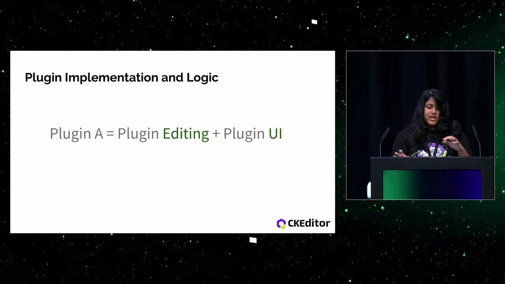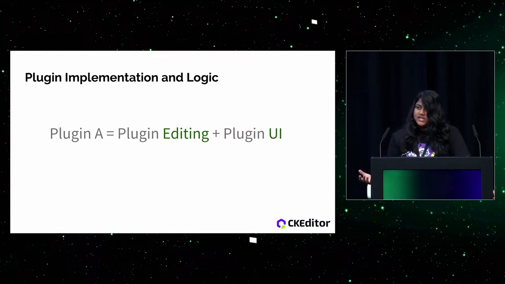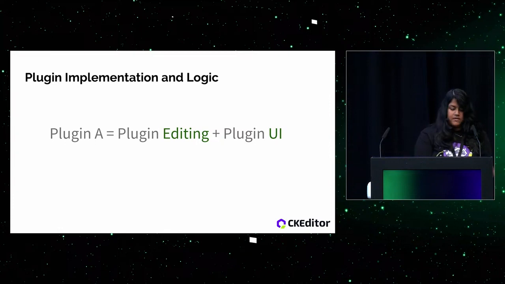So this component of a plugin is responsible for the visual elements of the editor, such as, as I talked about in the past, the buttons, the drop-downs, the prompts that the user might interact with. It is essentially the front end of the plugin. And it integrates pretty seamlessly with CKEditor's toolbar as well as other UI components, and really provides a visual way to execute commands or modify content.